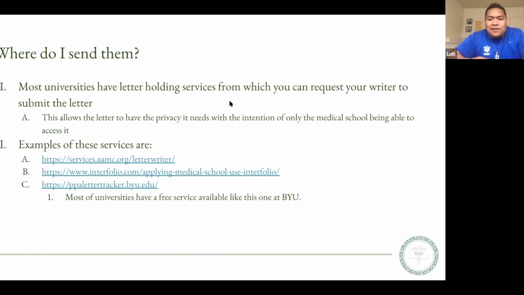Okay, with this last part, in regards to where you send these letters, I didn't know this before when I was applying to med school, so I just want to quickly put this in here. When you are asking for a letter of recommendation, med schools don't want you to know what's in that letter. If you know what's in it, then these professors are kind of pressured to say good things about you, maybe even come up with lies about how awesome you are.